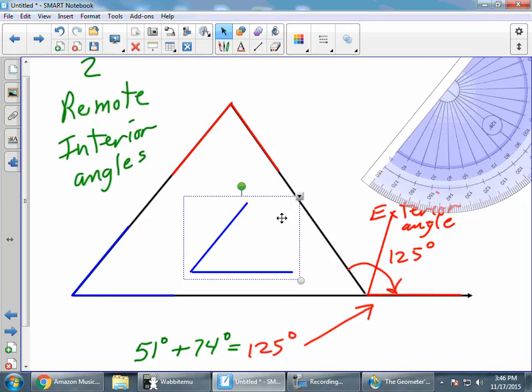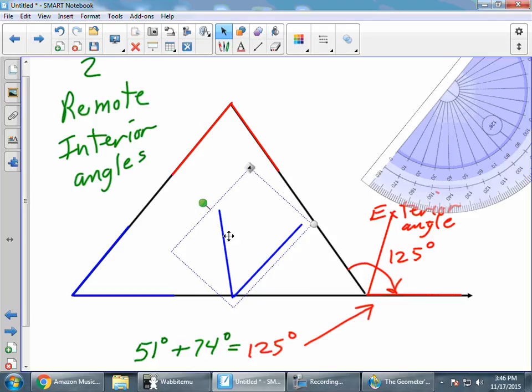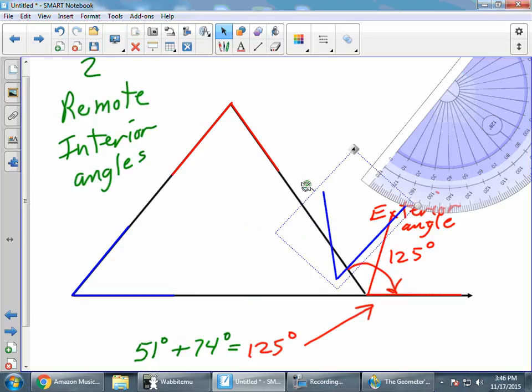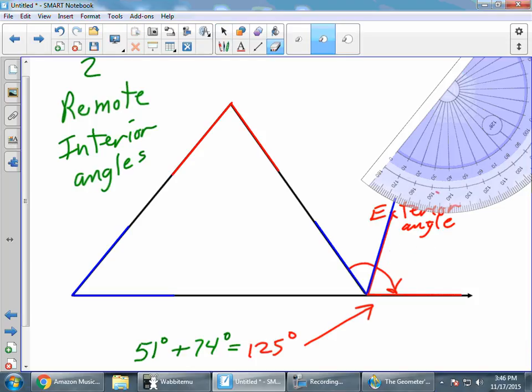Okay, now I'm going to bring this one in. I want you to notice, Joseph, that will slide right in there, and that the two remote interior angles, in other words, this 51 and this 74, are congruent to the exterior angle.